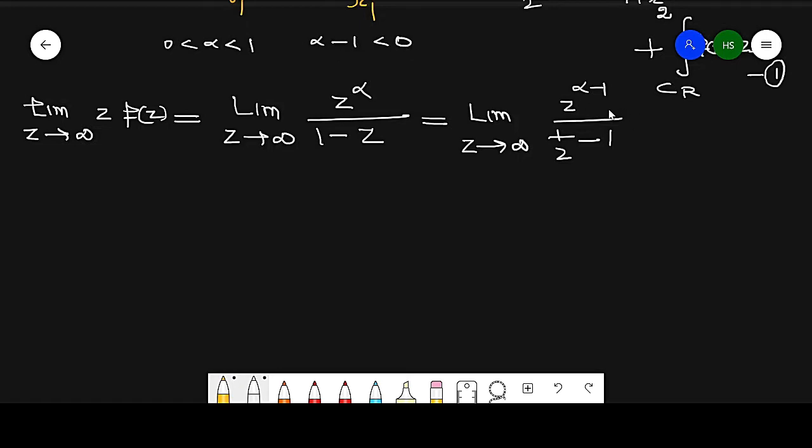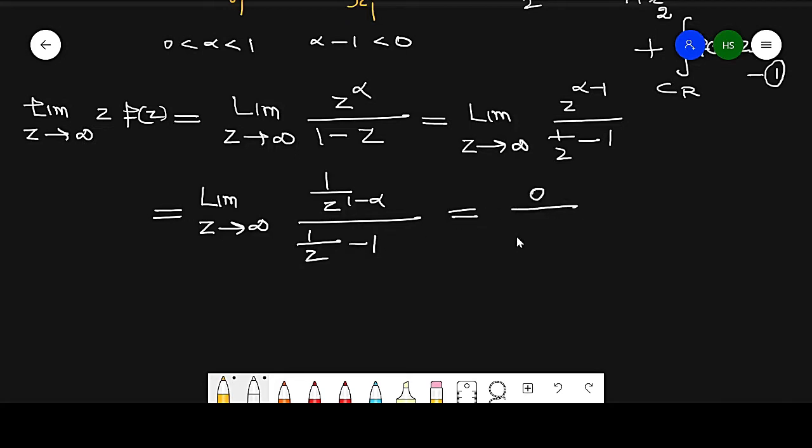So this can be written as the limit as z approaches infinity of 1 by z raised to power 1 minus alpha over 1 by z minus 1. This term is 0 over 0 minus 1, and this value is equal to 0. So here I get the value of k.